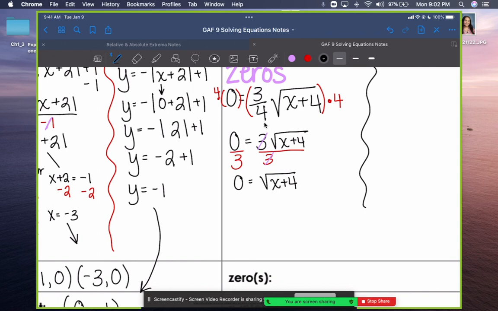Okay, now to undo the square root, we're going to square both sides. Okay, 0 squared is, again, just 0. Okay. Now we can go ahead and get rid of the little casita, and we're left with x plus 4.